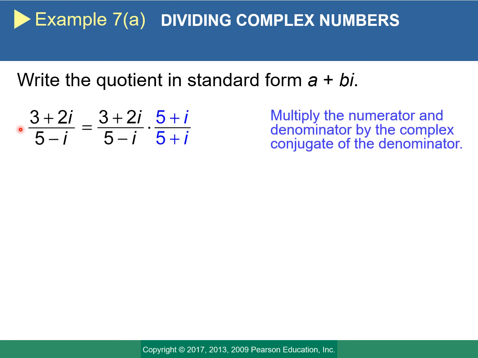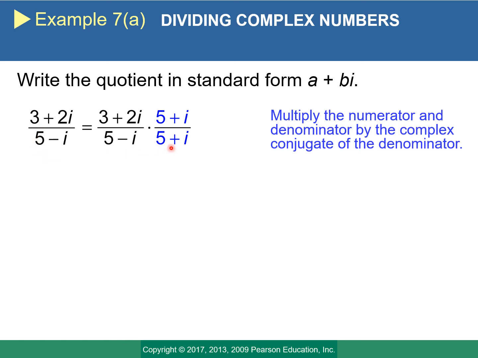You actually multiply. So even though we're dividing, and even though we're told to write this quotient a certain way, the trick is really to multiply. And you multiply by the complex conjugate of the denominator. So anytime you see a quotient like this with complex numbers, where you see i in it, take the bottom, in this case 5 minus i, and find its conjugate.